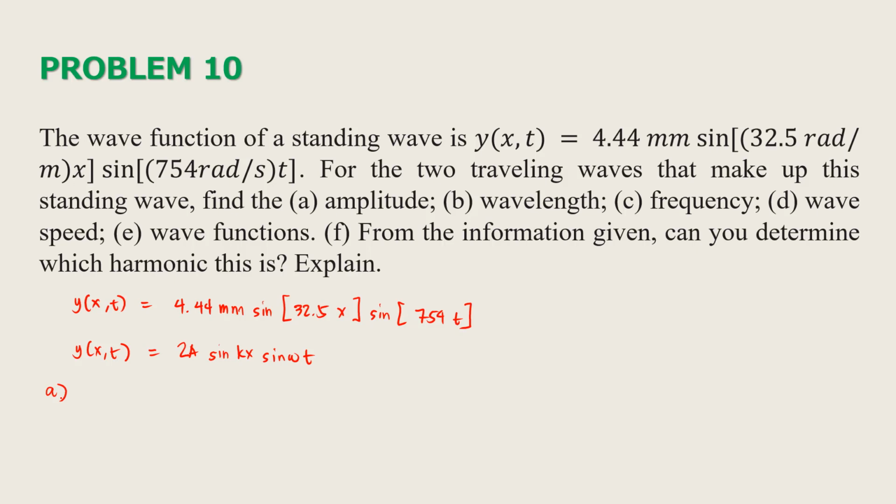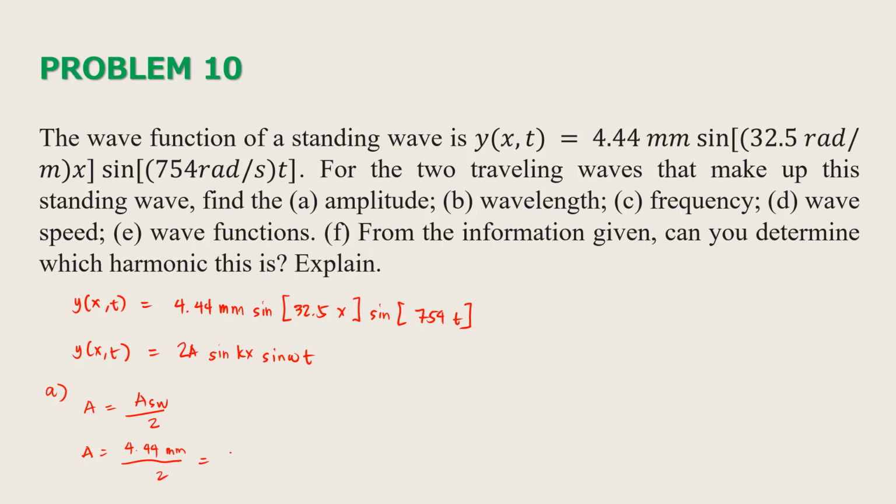Okay, so to find the amplitude for the two traveling waves that make up this standing wave, we have amplitude equals A sub SW divided by 2. So what is A sub SW? This is equal to 4.44 millimeters. So we have A equals 4.44 mm divided by 2.